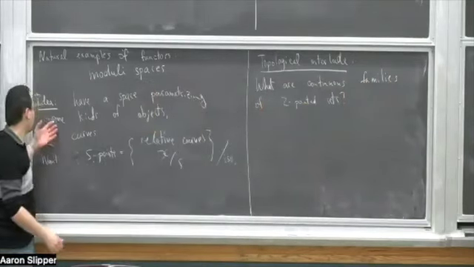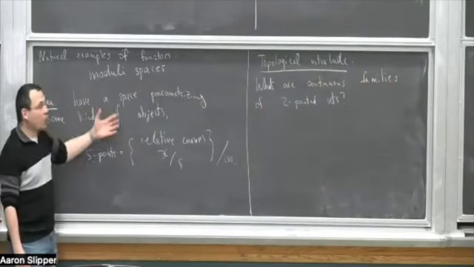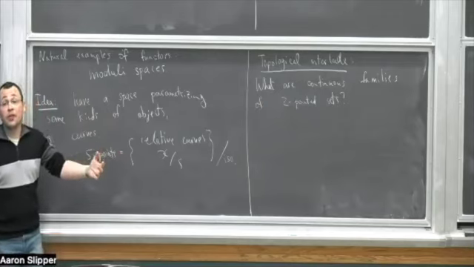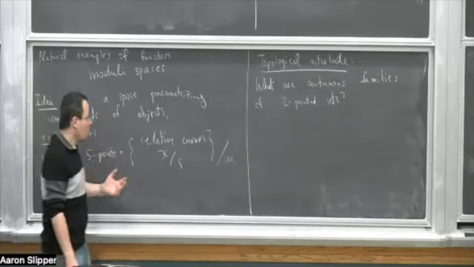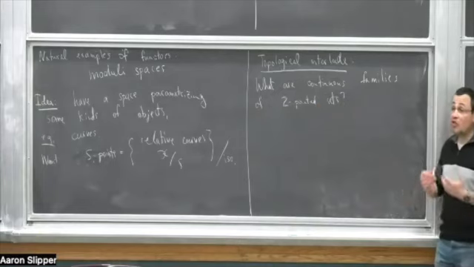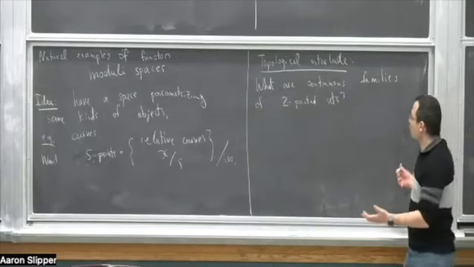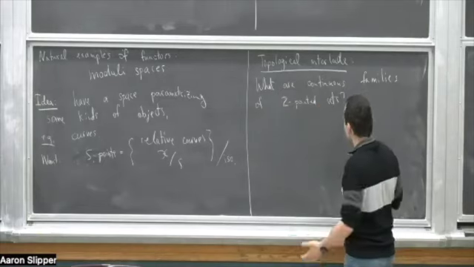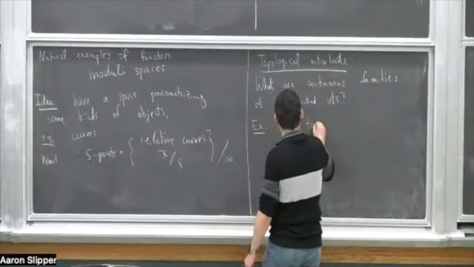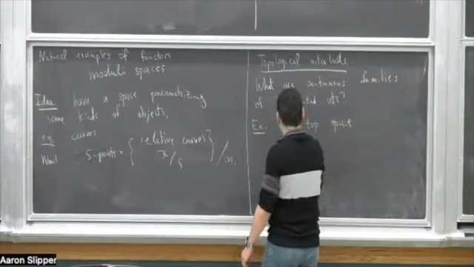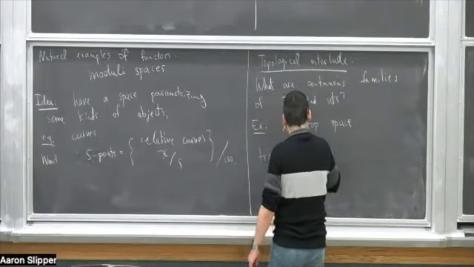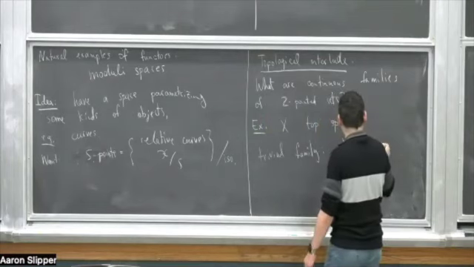There's only one, it's just a set with two elements. But I want to show that the correct moduli space here is not just a point. So an example: if X is any topological space, you have the trivial family X times {0, 1}.